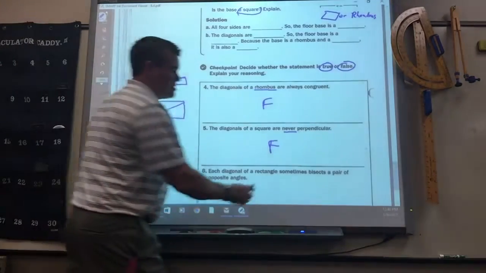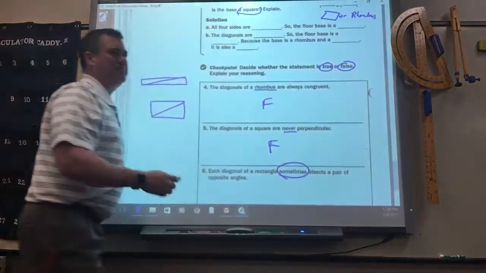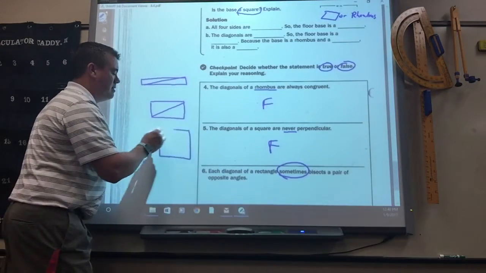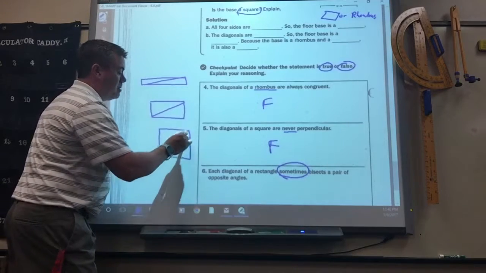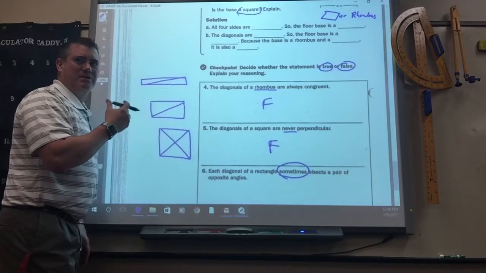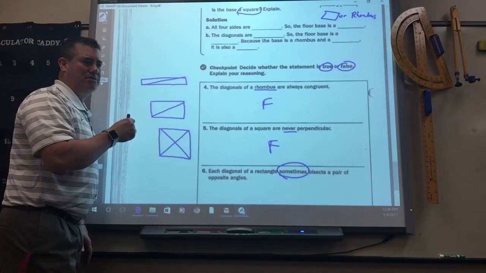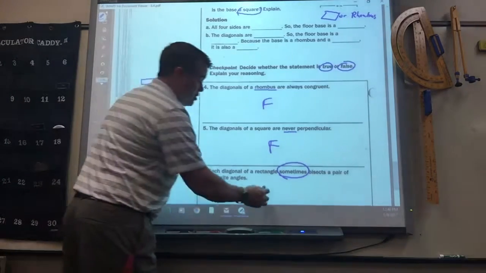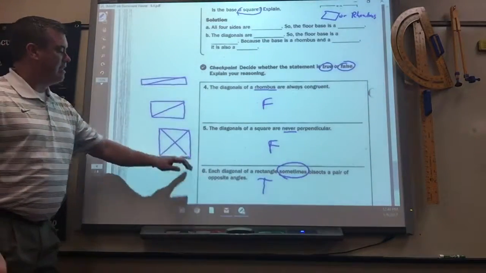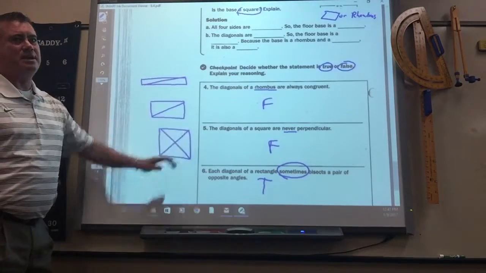But the key here is it says sometimes. So remember, you could have a square and then it would be bisected. So that's the key there. That's why these sometimes, always, never are so difficult to figure out sometimes. So this would be true because it would bisect it if that rectangle was actually a square.